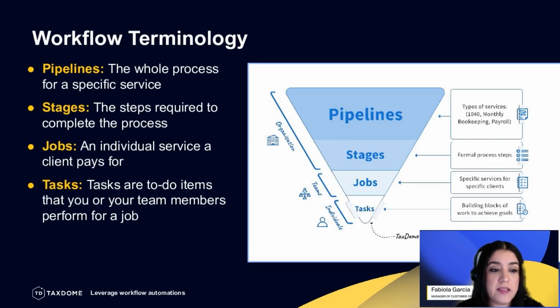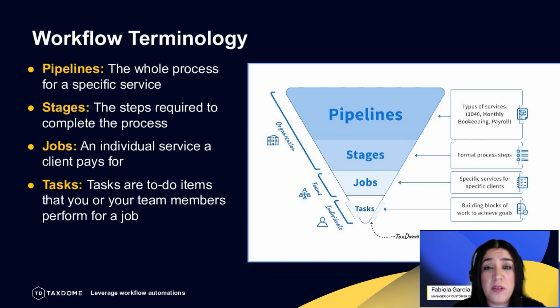What are pipelines? Pipelines, really, it's the whole process from beginning to end of the service that you're providing. Sometimes it doesn't have to be a service. It can be an internal process that you use just for you and your team. However, as a common practice, a pipeline can be a 1040 process. It can be a bookkeeping process, right?